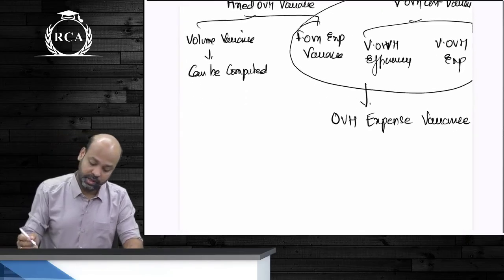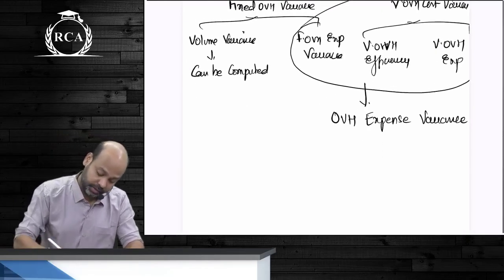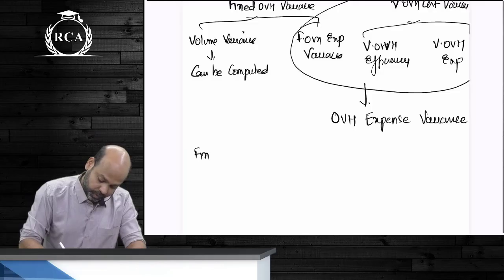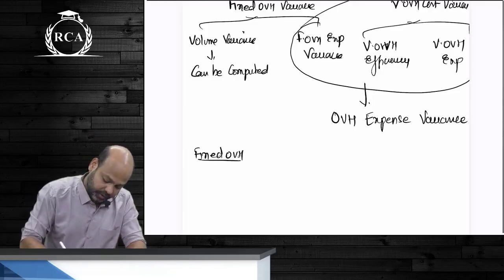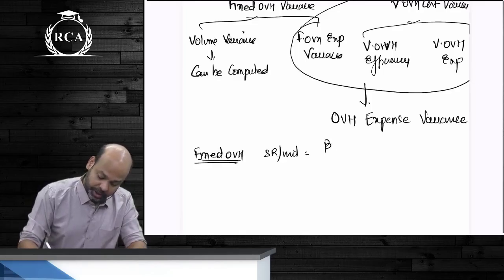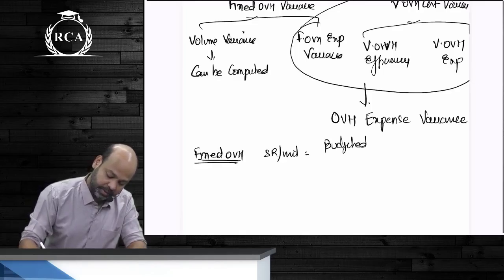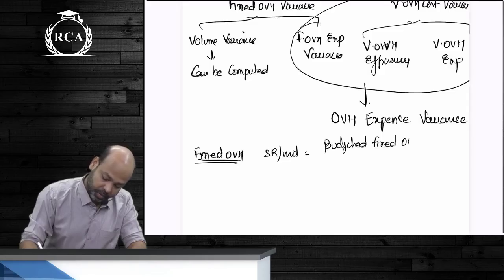Next, start computing, guys, fixed overhead volume variance. For fixed overheads, beta, what is your standard rate per unit? Budgeted fixed overheads divided by budgeted output.